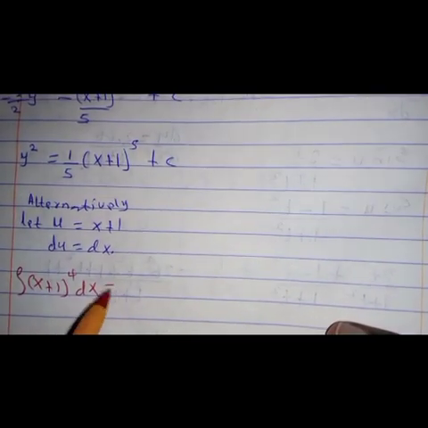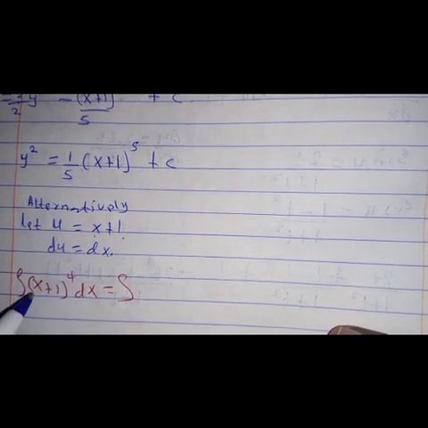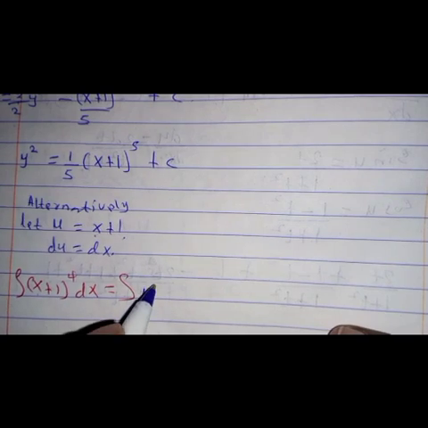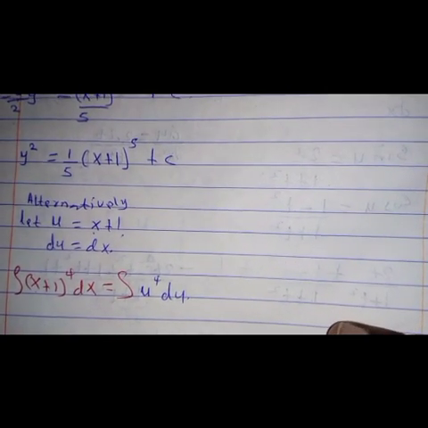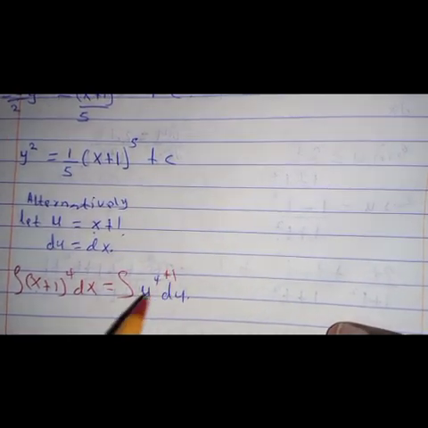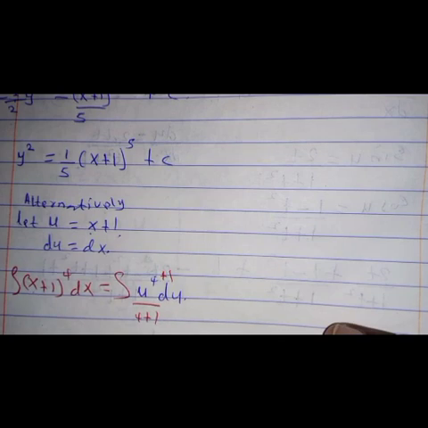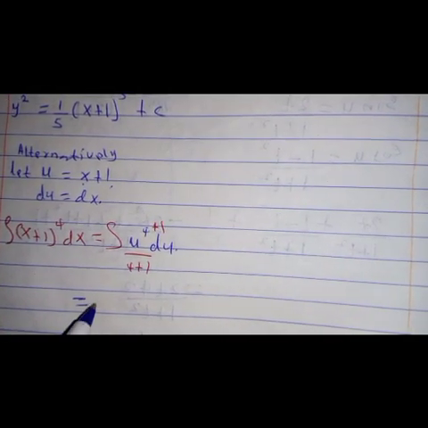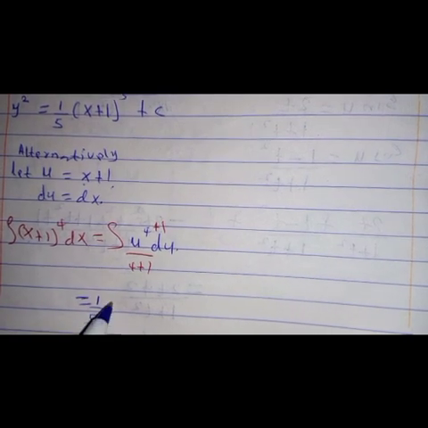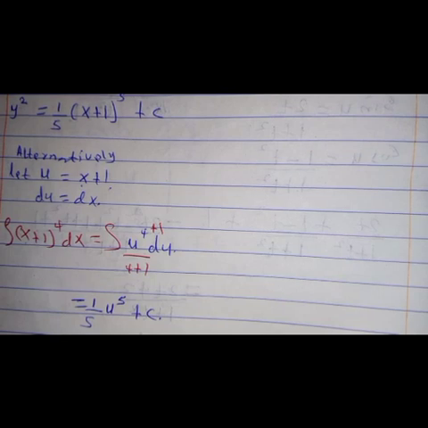will be the same as the integral of, where you have x plus 1, you write u, so you have u^4 du. Then you integrate this by the power rule, so you add 1 and you divide by the result, 4 plus 1. The result you get here will be 1 over 5 u^5 plus constant c.